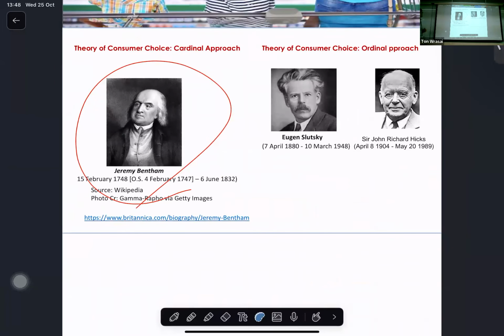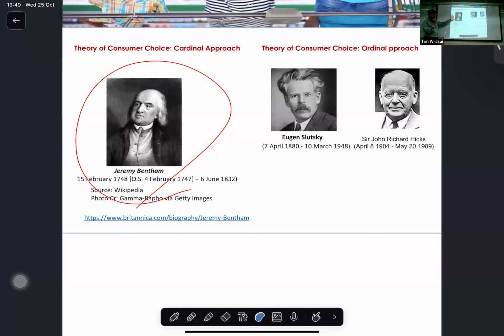Summary. There are two approaches that we study in the theory of consumer choice. The first approach we call the cardinal approach, which assumes that happiness can be measured and the unit of measurement is called utils.